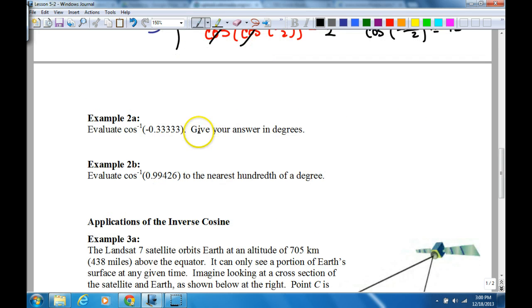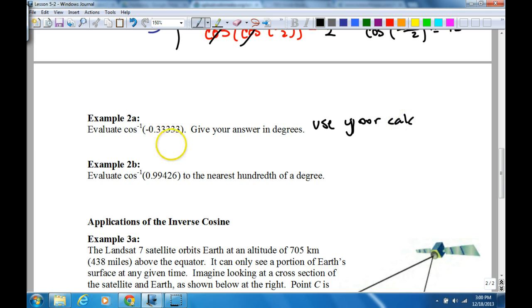On this one it says evaluate cosine negative 1 of negative 0.33333. Give your answer in degrees. Does it say give me an exact value? No, so you can use your calculator. Very good.